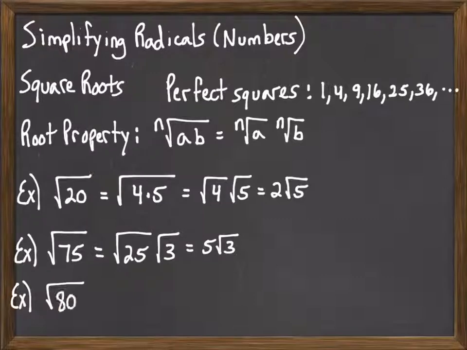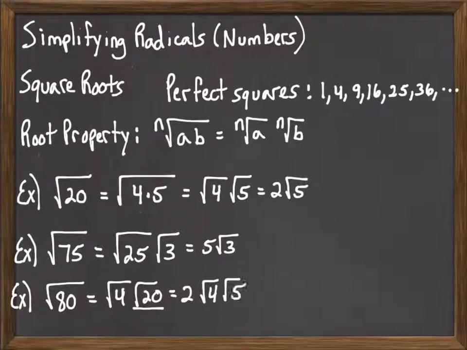Okay, let's consider one more example in this video, and that's square root of 80. So again, you look through your list of perfect squares until you find one that goes into 80. Now you may spot a different one. I'm going to do this one with 4 because I want to demonstrate something. 80 can be rewritten as 4 times 20. Now square root of 4 I can write as 2.